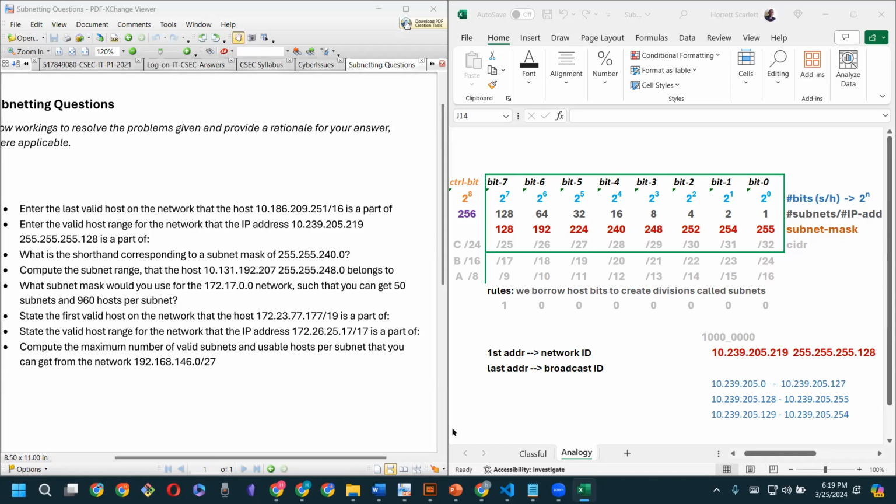No, that's incorrect. You're missing something very important. How many patterns do we have if we're starting to do the subnetting in the third octet? How many total patterns are we going to divide on?